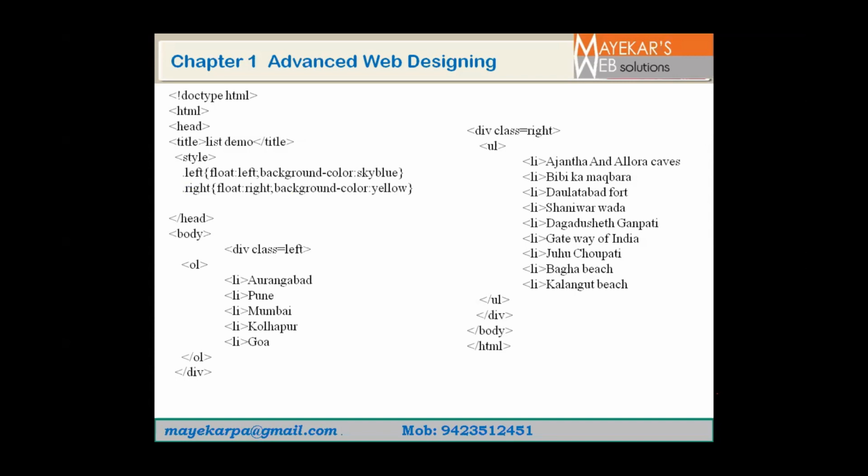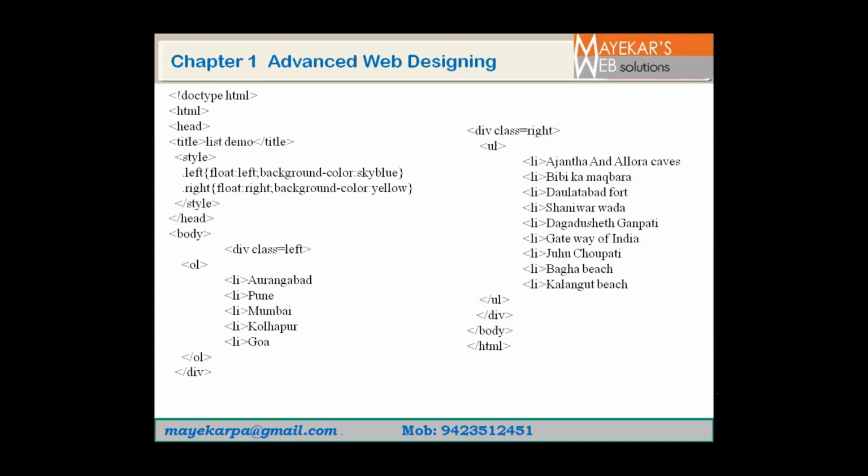Here the dot starts the class, and right is the name of that class. Opening curly bracket, float colon right, semicolon, because I want to assign it at the right side. And the background color for this section is yellow, so background dash color colon yellow. Then I close the style tag by using slash style.